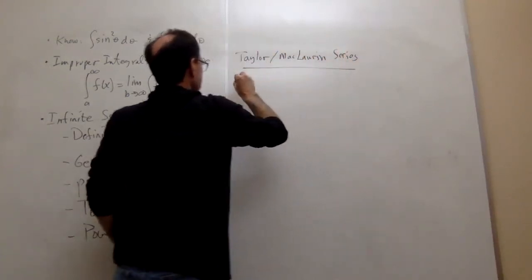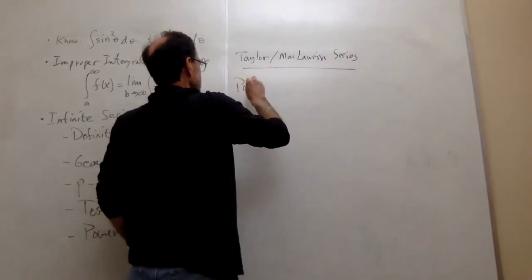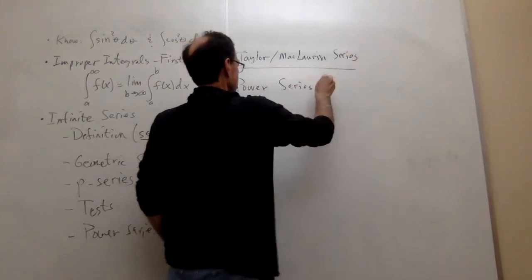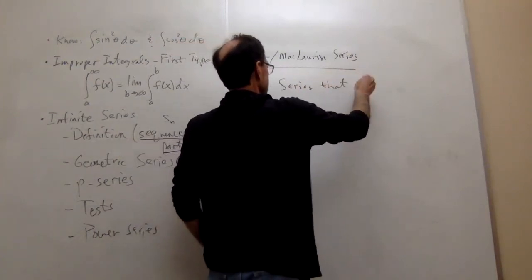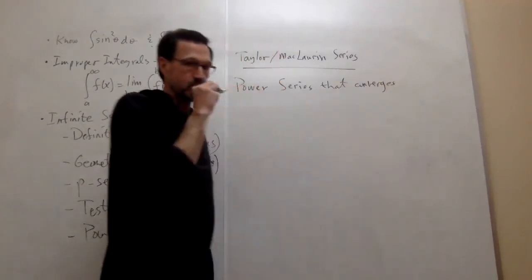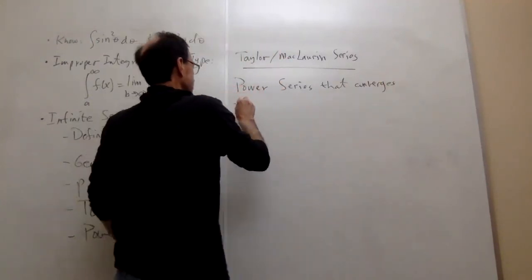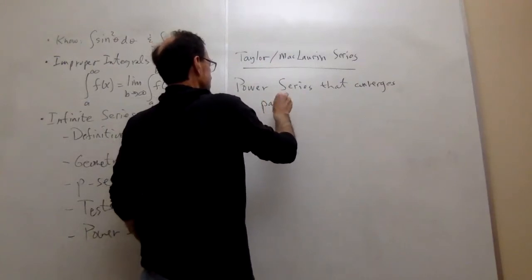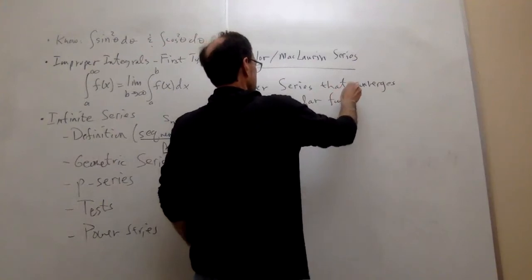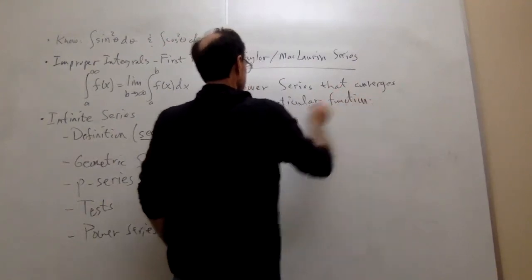So what we're looking for here, let me just say in general, we're looking for a power series that converges to a particular function. You can think of it like this.